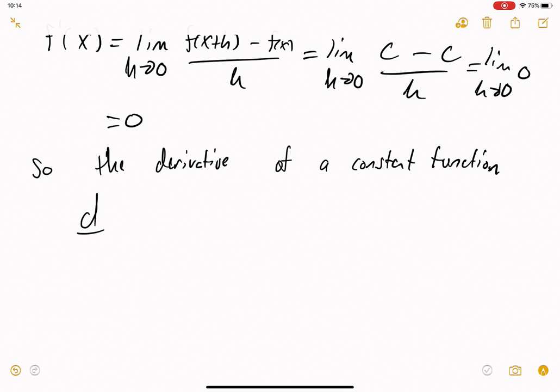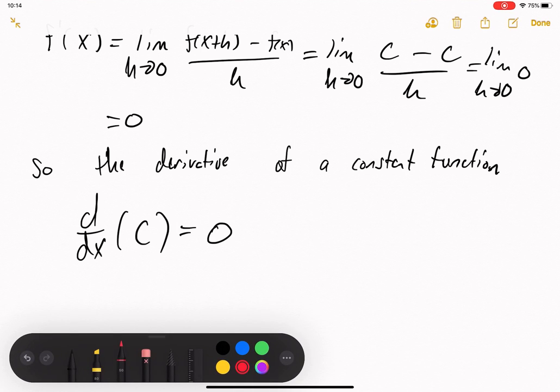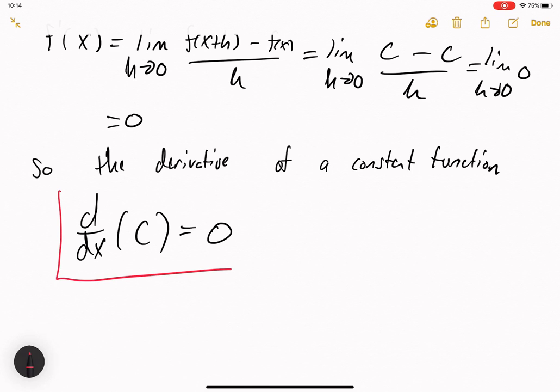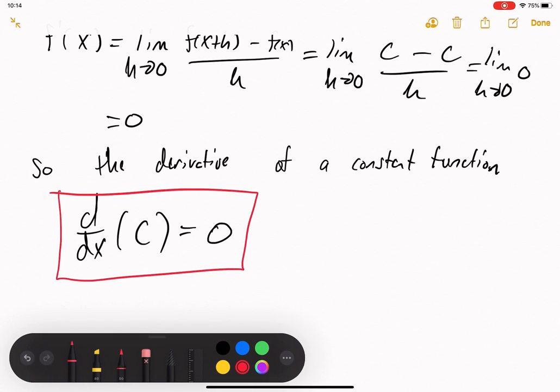So that's why one of the notations is d/dx of c, where c is the argument, whatever we're taking the derivative of. And what we just showed above is that it's equal to 0. So I'm going to mark that in red because it's important.